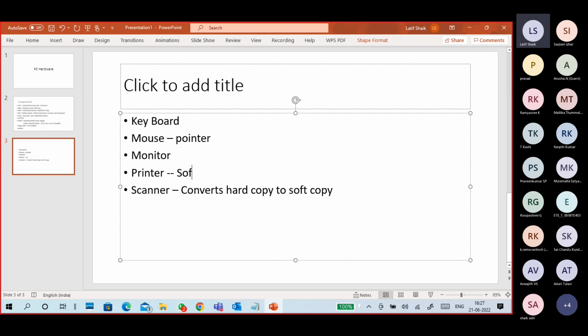It converts soft copy to hard copy. Output device. Actually, the monitor is the main output device.